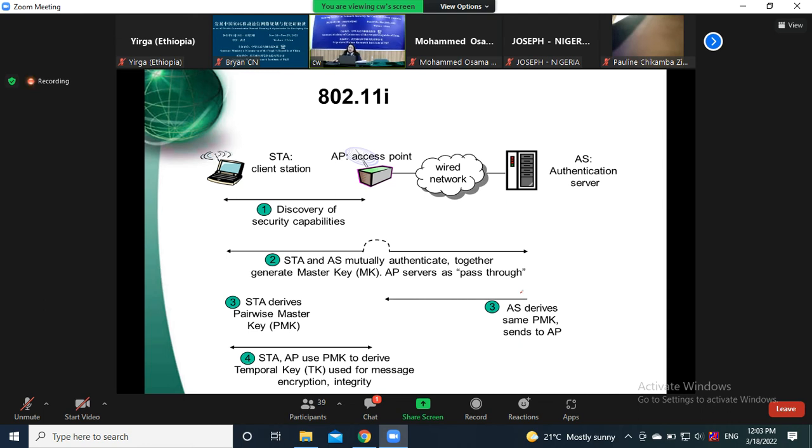This is 802.11i security. I only want to show some examples of wireless network security.